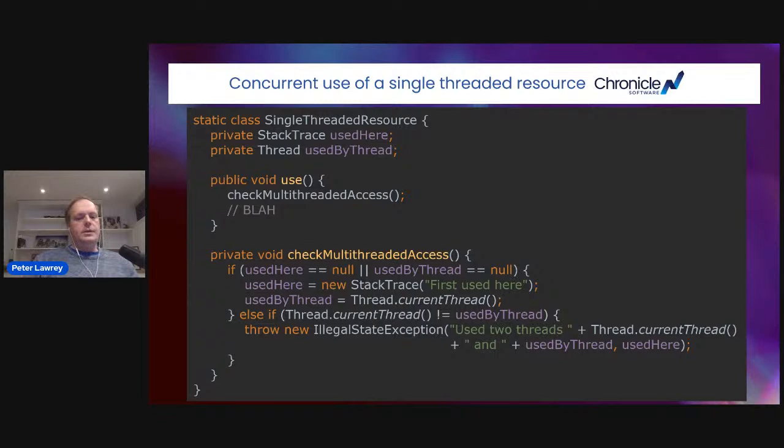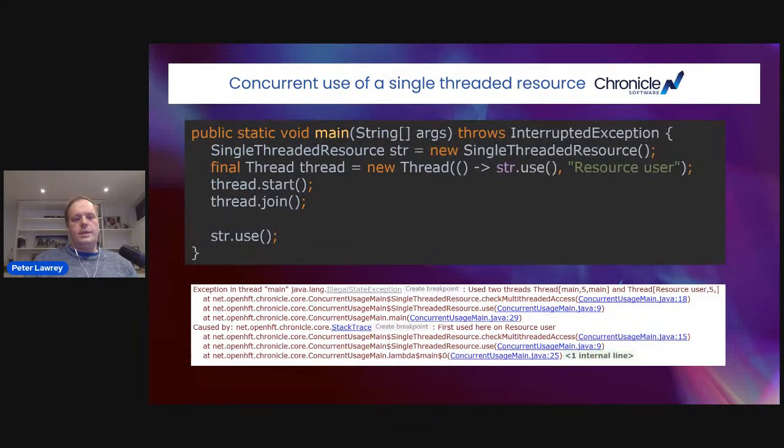And then what it can do is say, well, if it's used by a second thread that's not the first one, you can actually throw an exception. So what the code looks like is, in this case, I'm creating a thread. The thread uses that and then starts and finishes. It's no longer running, so that's another thing you can check for: is the using thread actually still running before you complain?